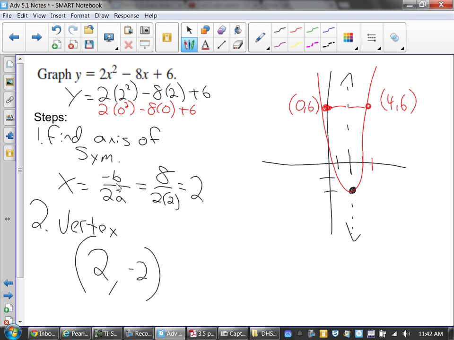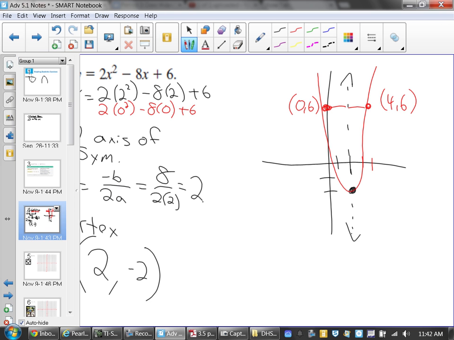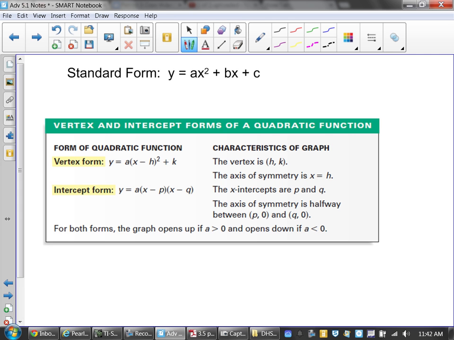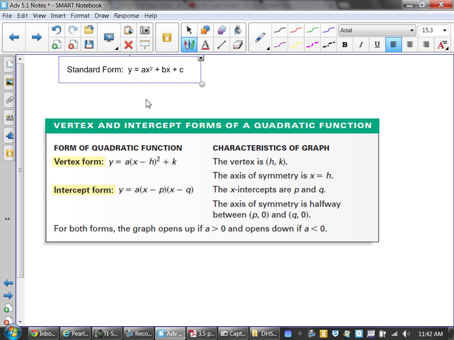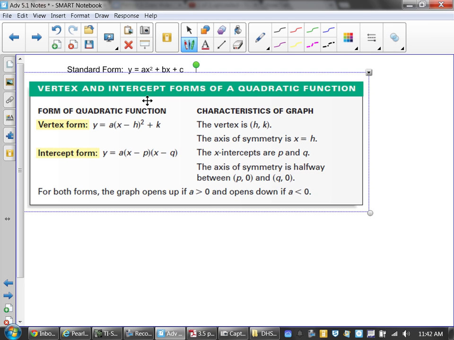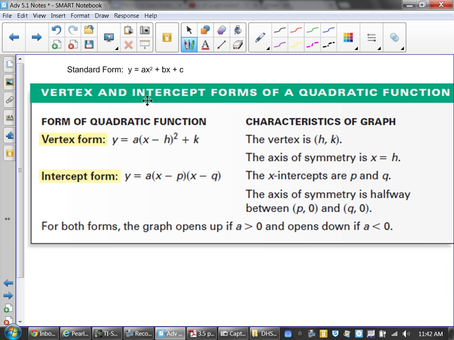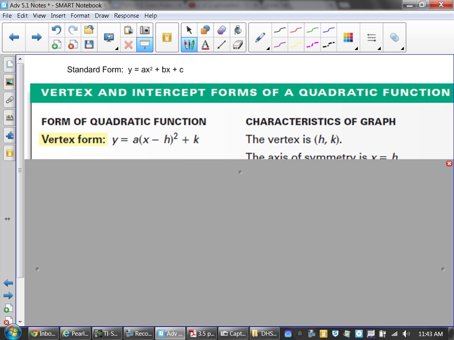The other method is a new method. The other method is something new. It's called vertex form. Okay? Vertex form looks a little bit different. I'm going to reintroduce you guys to h's and k's.